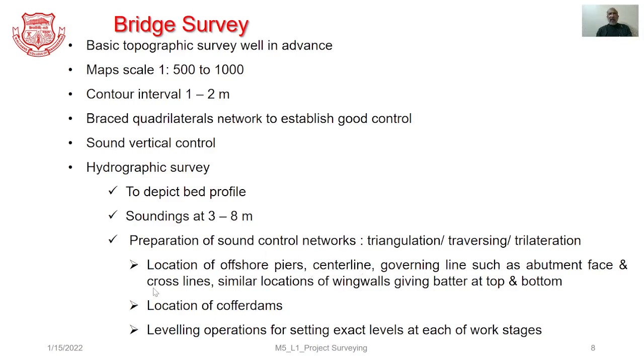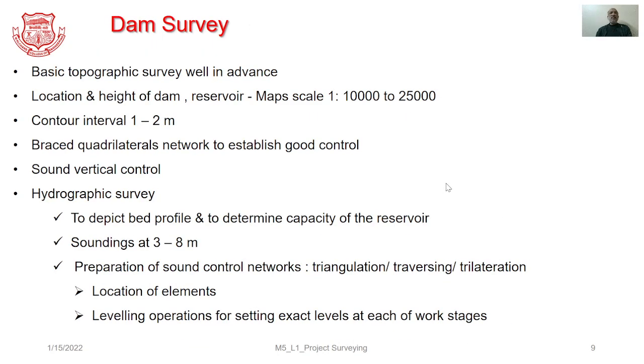These networks will be helpful in order to locate some offshore piers, the center line, and some governing features like the abutment face and such things. Also, as we are dealing with a water body, it is essential to define the position of the cofferdams, as well as leveling operations for setting exact levels at each of the work stages in view of vertical control.